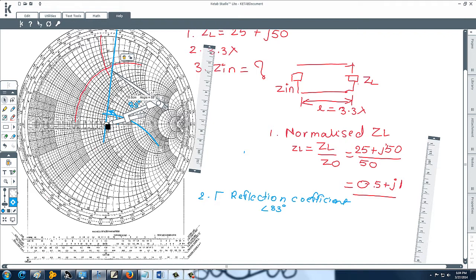First measure this side, then draw the circle around ZL.